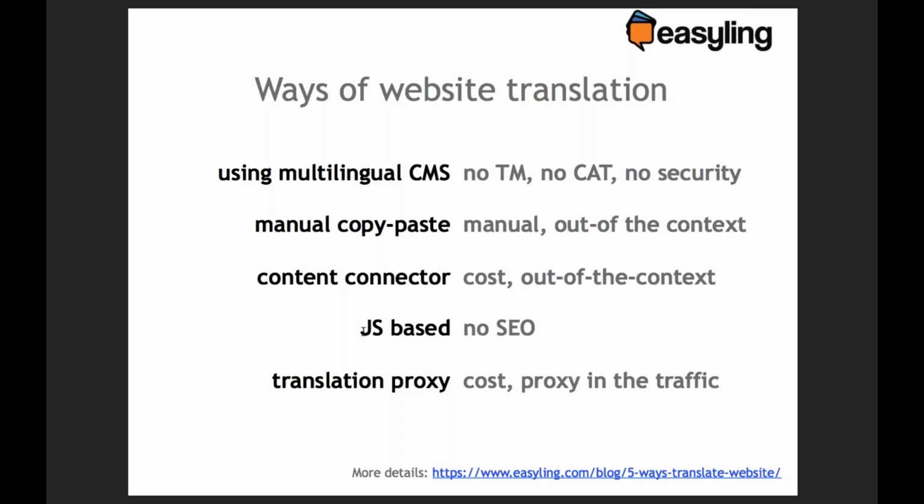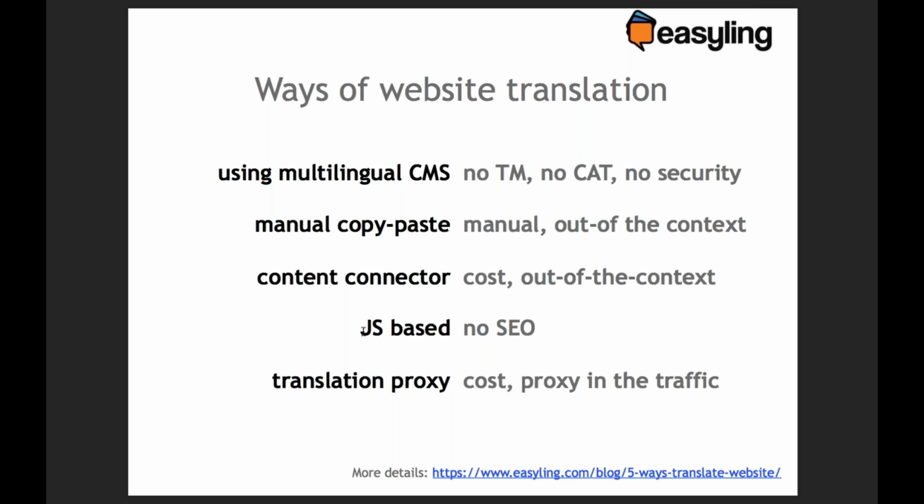However, this is a very good fit for several cases. For example, if we are talking about web application translation, web application localization, let's say a CRM system or a company's service where they just provide an online interface for their users.